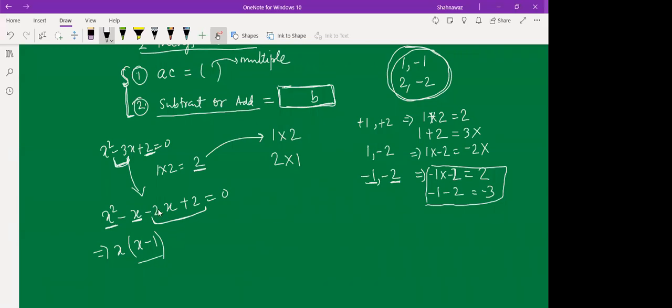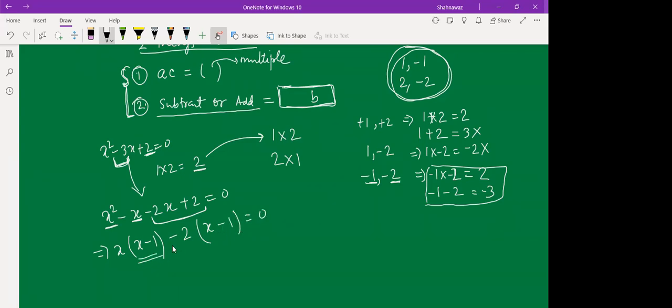So what is the highest common factor here? It is -2, right? So if you take -2, the first term will be x, and this term will be -1, right?